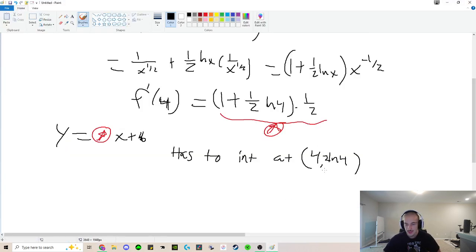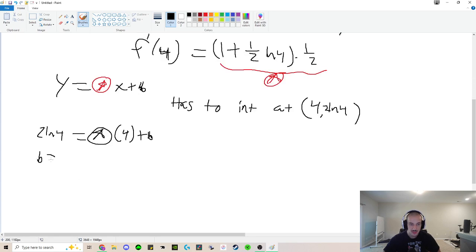So it has to hit this point. This means that 2 ln 4 equals star times 4 plus b, which means that b equals 2 ln 4 divided by 4 star.